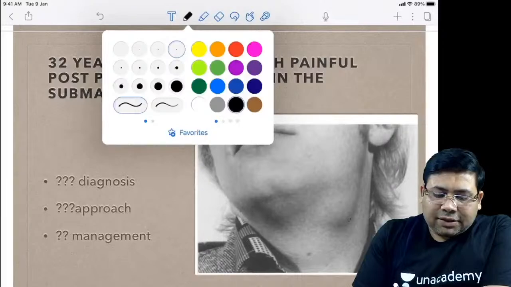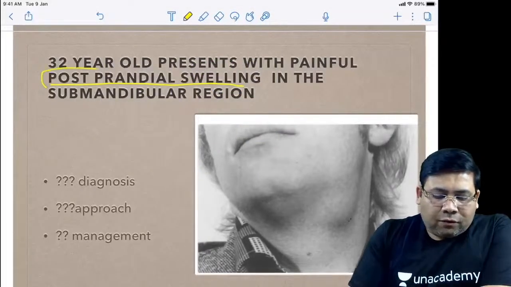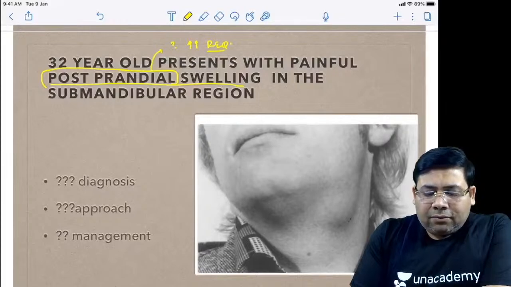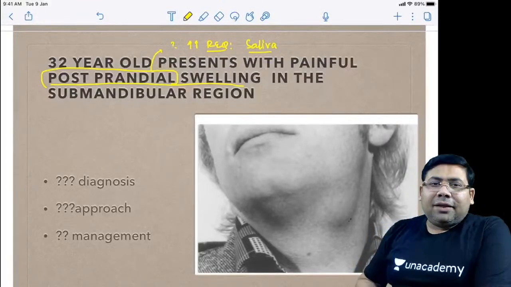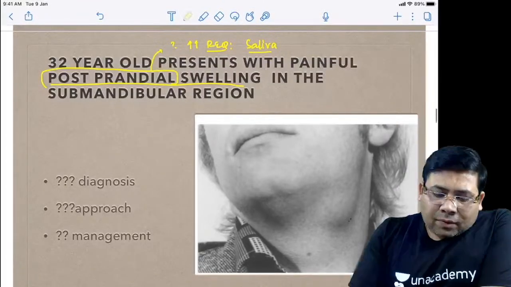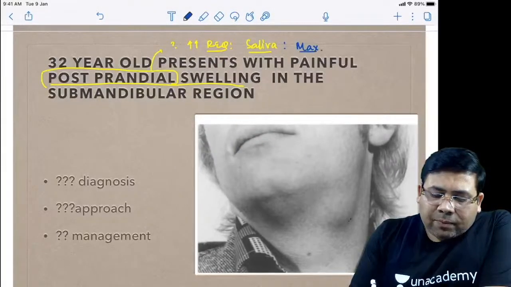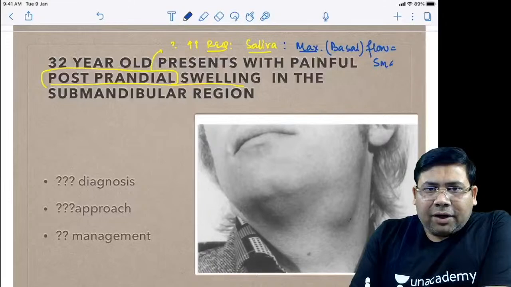Postprandial, during meals, there is increased requirement of saliva, and the maximum basal flow is contributed by the submandibular gland.